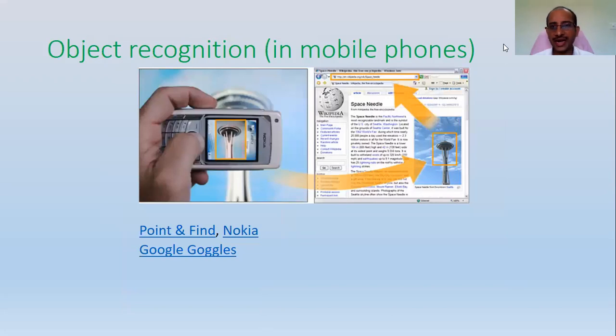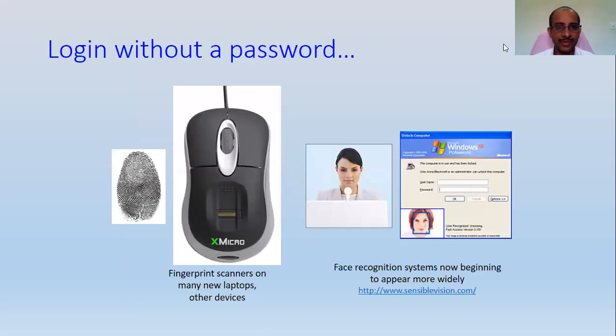Similarly, we can perform object detection, which is identifying where the object is and so on. This has spin-off applications in many ways. And this is again a biometric based recognition as we discussed just now.